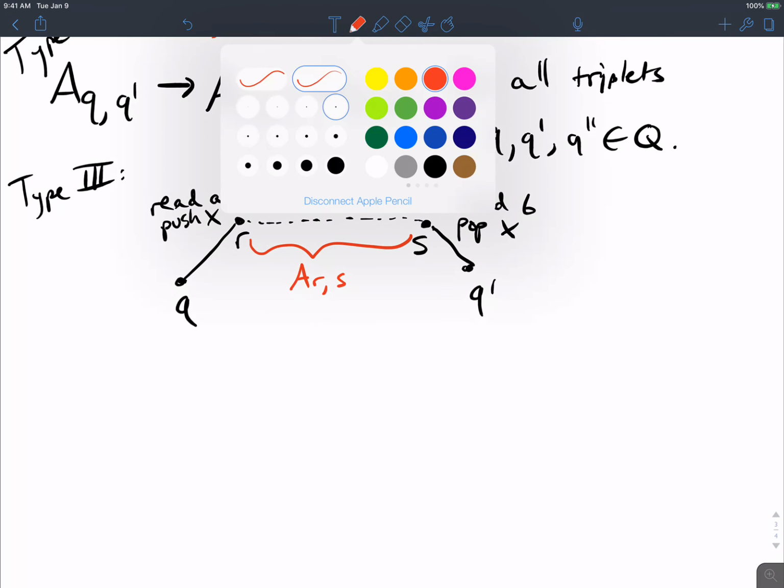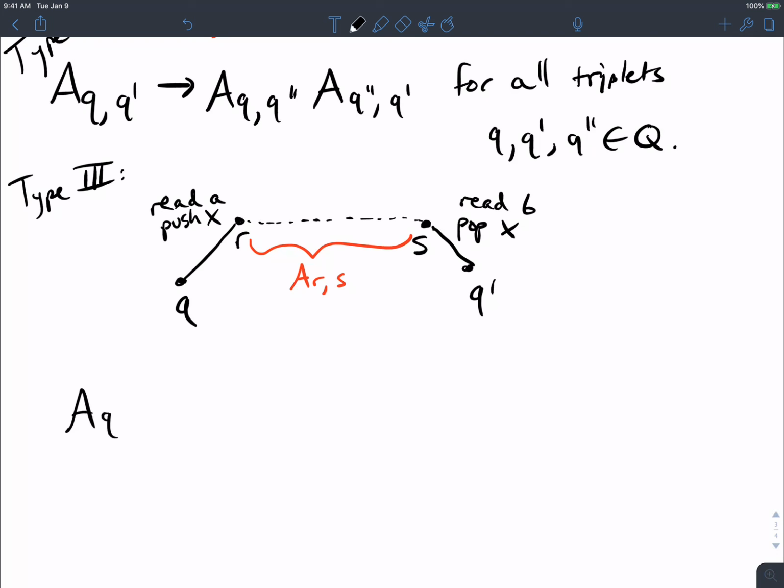Well, how do I then go from Q to Q prime? Well, what string, as an example, would take me from Q to Q prime? Well, I gotta follow the read transition first. So what thing do I read on that push transition? Just an A, yes. So I will generate an A right here. Then what string are we assuming we know how to generate?